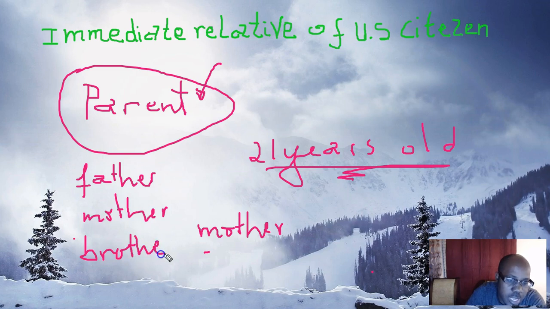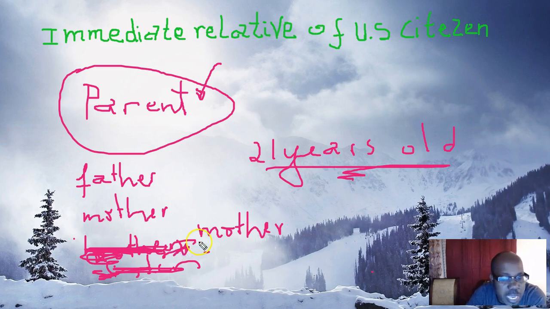Remember, brothers and sisters are not immediate relatives. They are in another category, which means their visa is not immediately available. Today we are talking about immediate relatives of a US citizen. So let's move on.